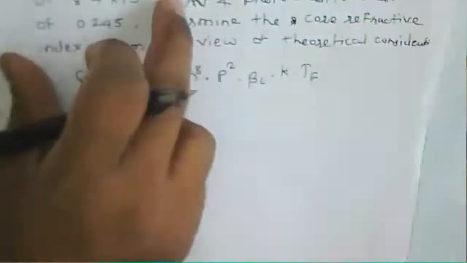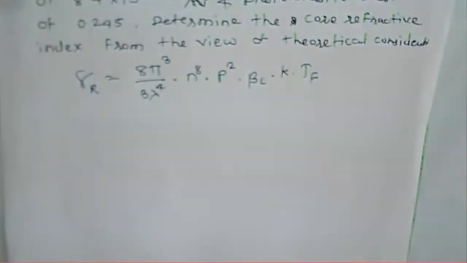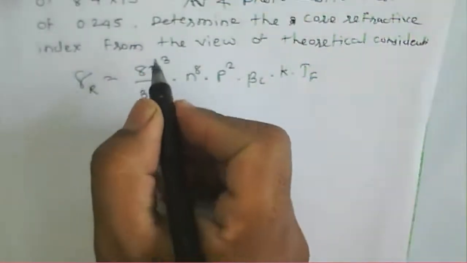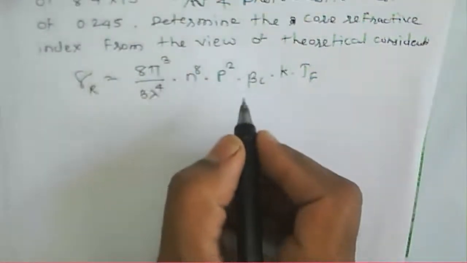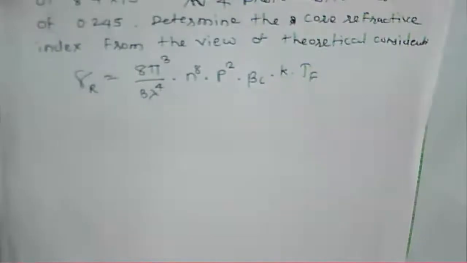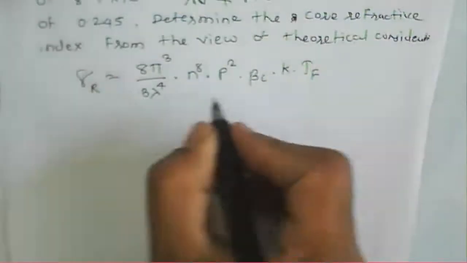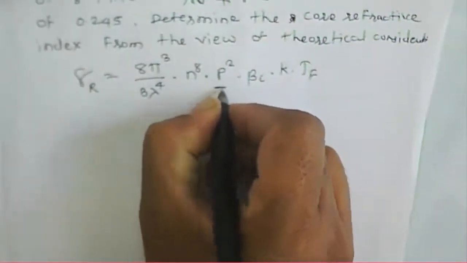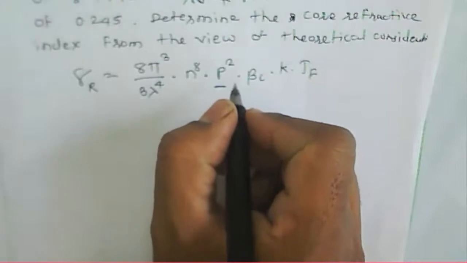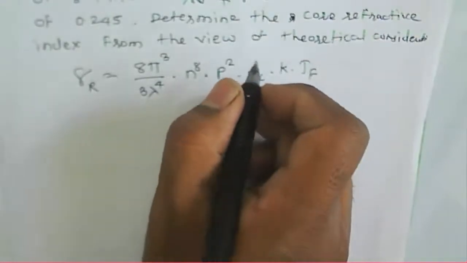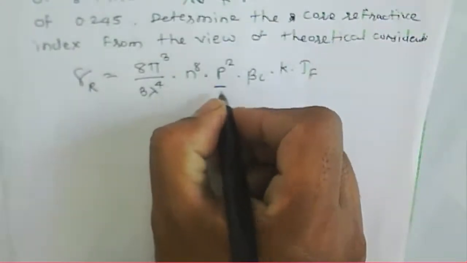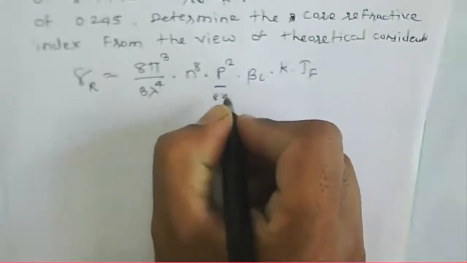Now if you see the isothermal compressibility parameter, that is 8.4, so we can write this isothermal compressibility parameter as p.